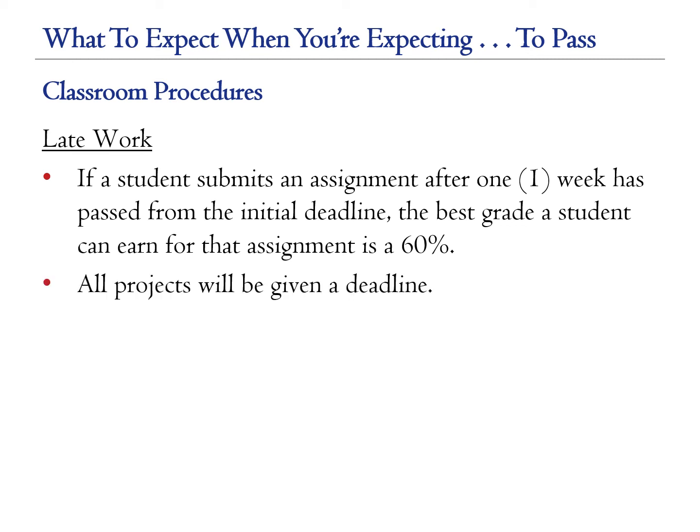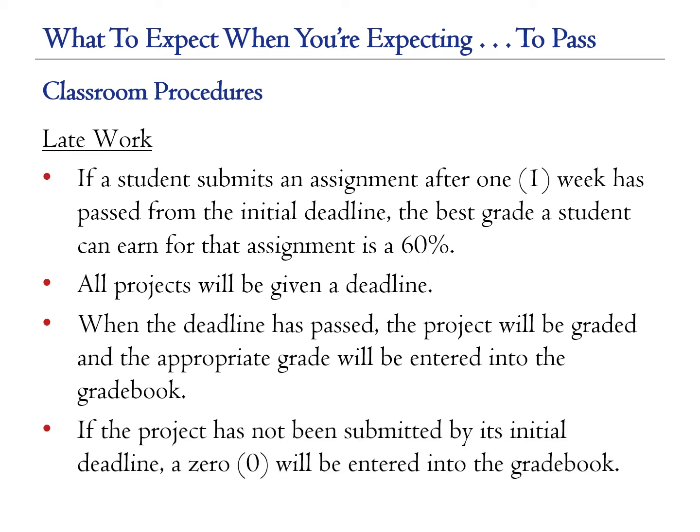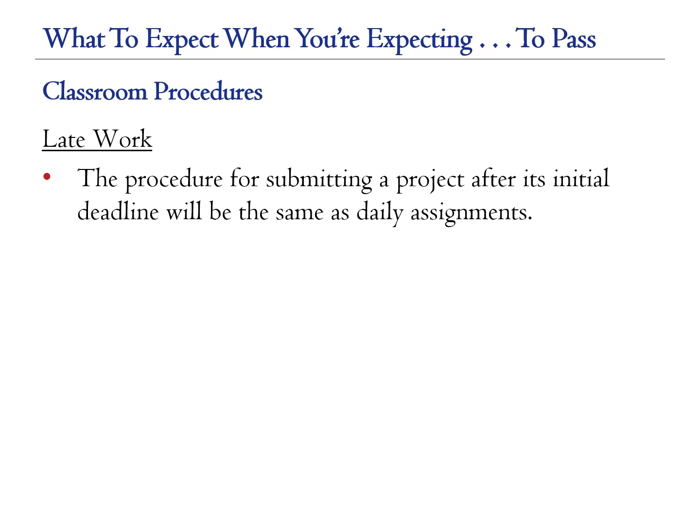All projects will be given a deadline. When the deadline has passed, the project will be graded and the appropriate grade will be entered into the gradebook. If the project has not been submitted by its initial deadline, a 0 will be entered into the gradebook. The procedure for submitting a project after its initial deadline will be the same as daily assignments.